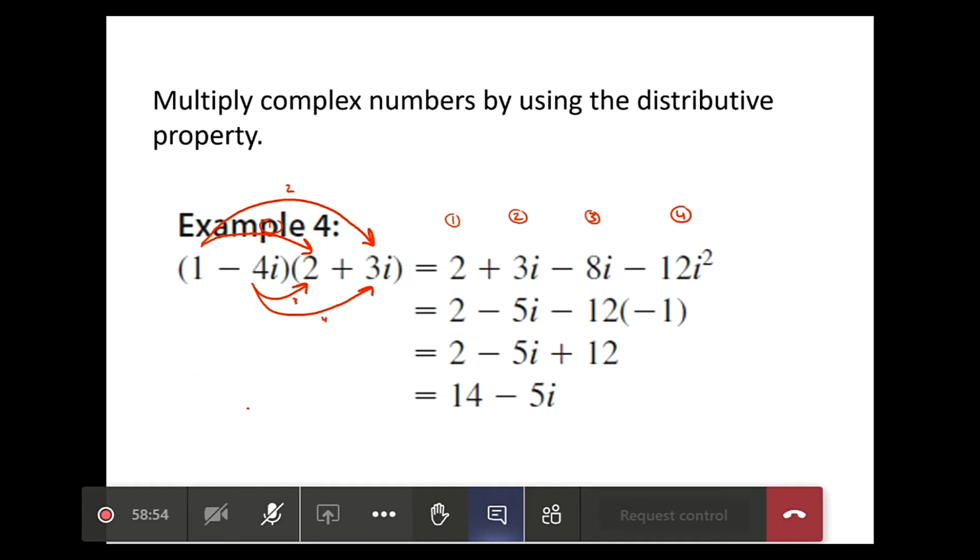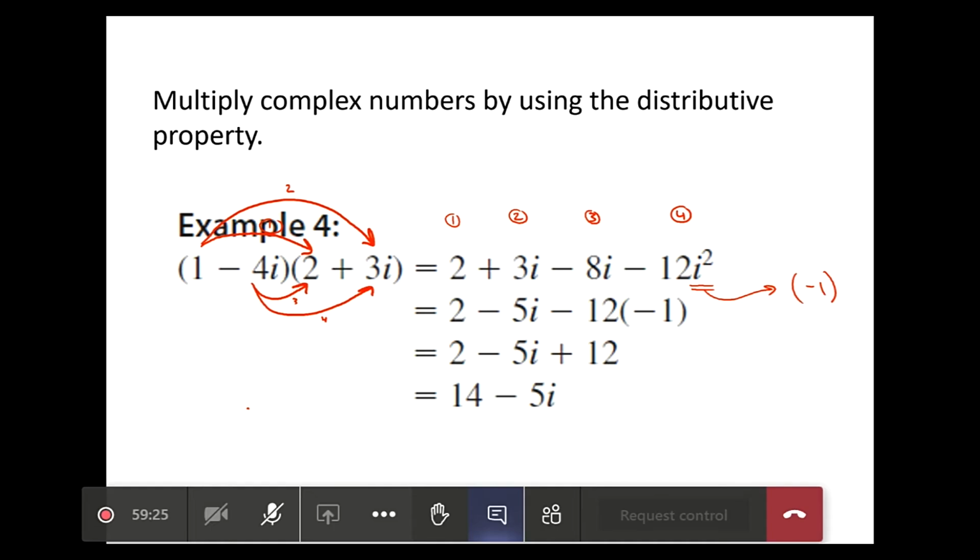So we have negative 8i. Number 4, the multiplication number 4, negative 4i multiply by positive 3i, so we have negative 12 i multiply i, i squared. This is very important. We need to find i squared, because from where i squared? From i multiply i. Okay, i squared equals what?